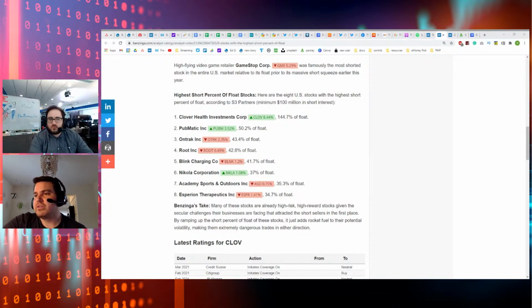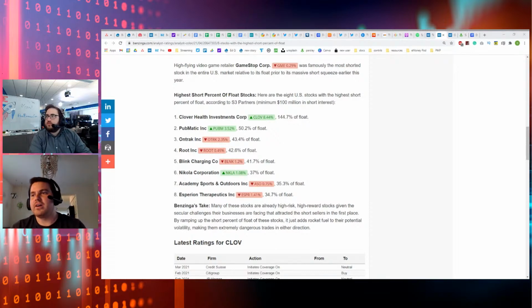An interesting one that really caught people's eye was Clover Health, CLOV, which debuted only about a year ago. I think it was last June when it became public. It was a SPAC. This was a list of the 8 U.S. stocks with the highest short percent of float, with a minimum of $100 million short interest. And Clover Health's was an eye-popping 144%.